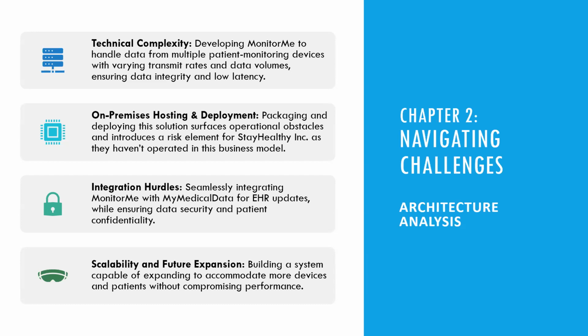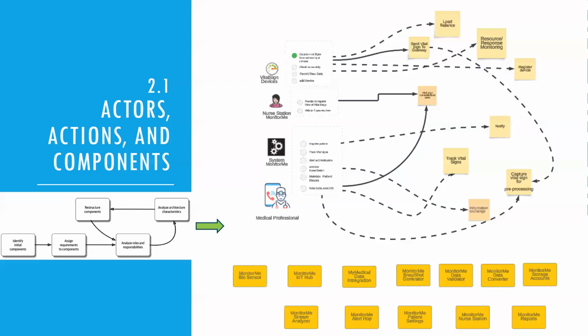So let me walk you through the process of untangling these complexities at a very high level. Yes, there was a method to the madness to understand the requirements, having a process to this analysis. We start by looking at the actors, actions, and components, breaking down the requirements into personas, actions, and functional components of the system.